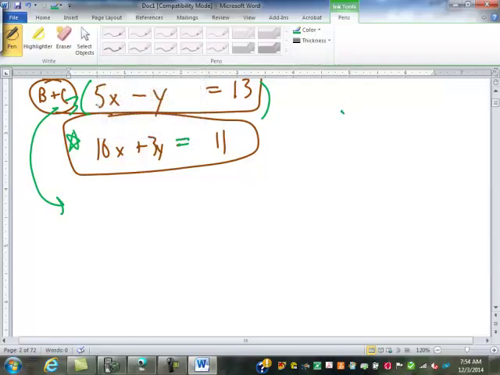So anyway, times 3. 3 times 5x is 15x. 3 times negative y is negative 3y. Equals 3 times 13, which is 39.